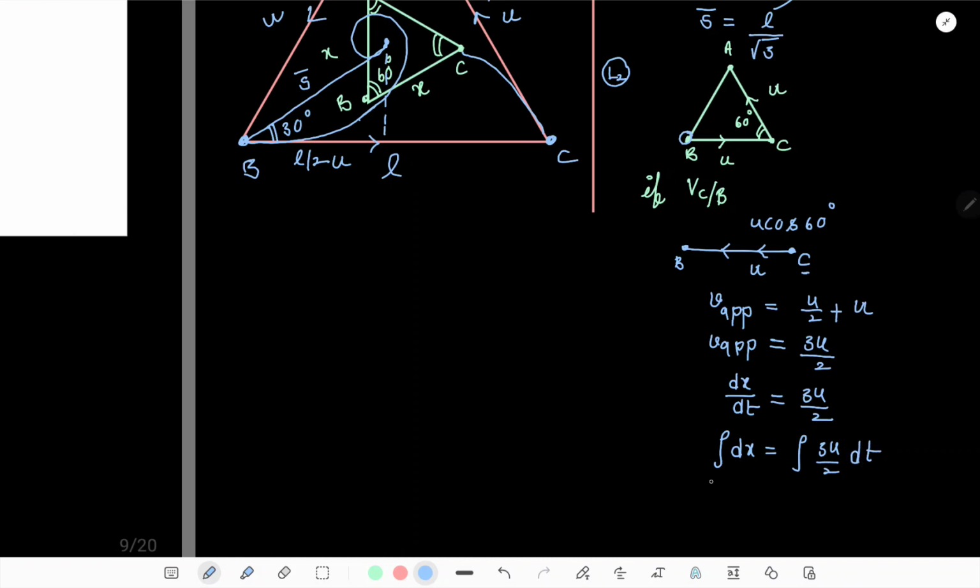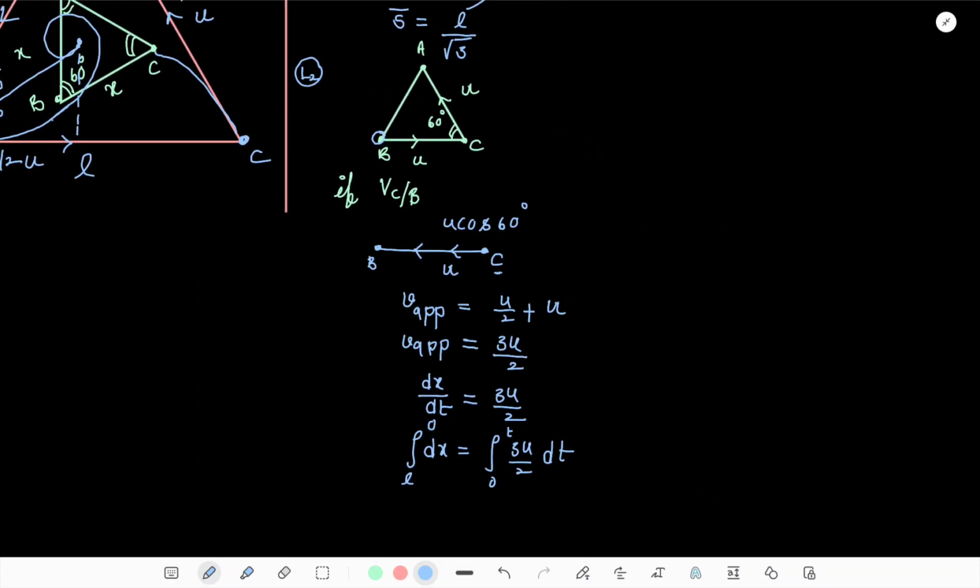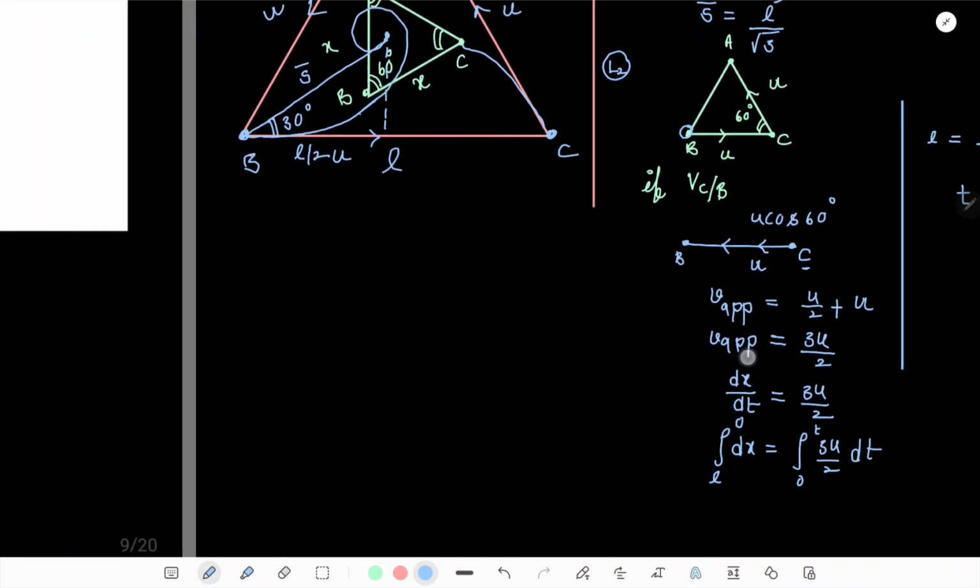Initially this length is L, finally that becomes 0, and time goes from 0 to t. So L is equal to 3u by 2 into t, therefore time t is equal to 2L by 3u.